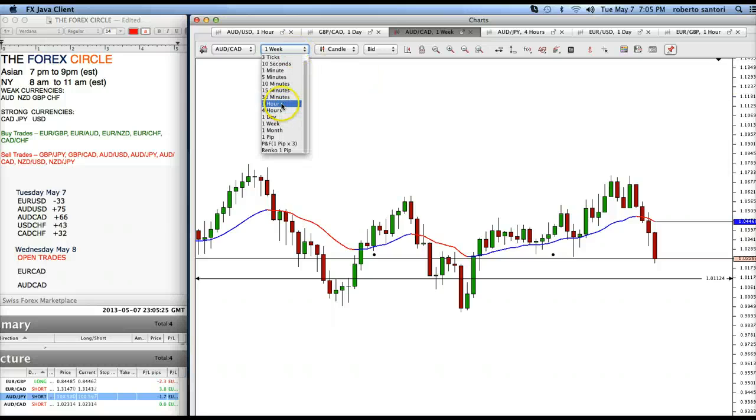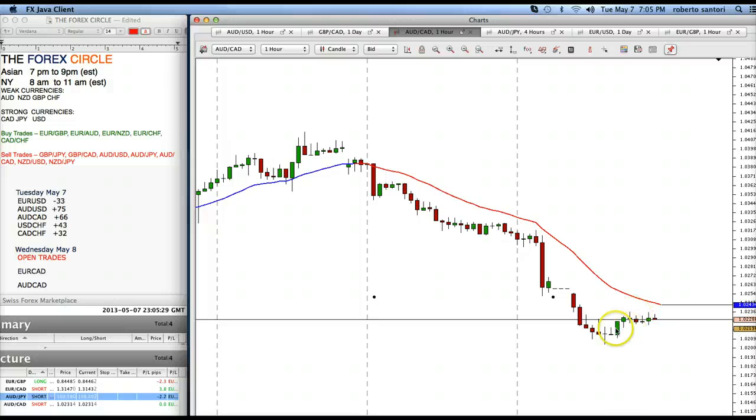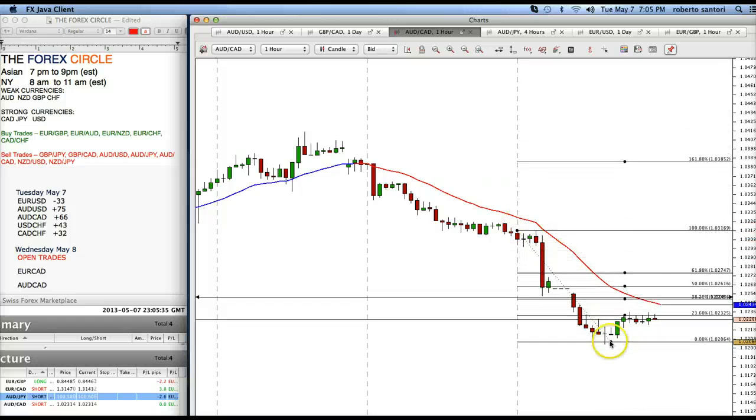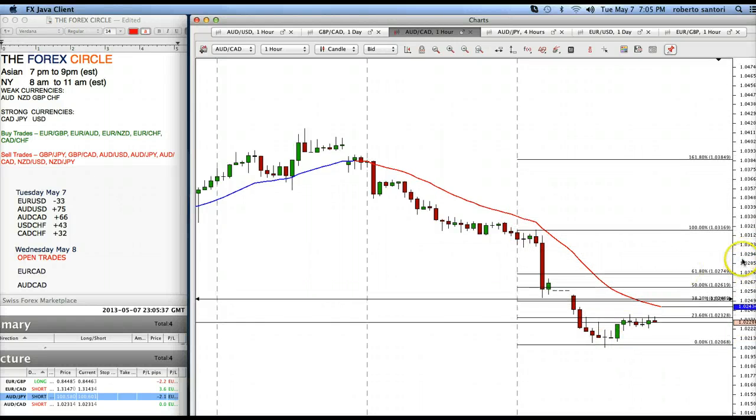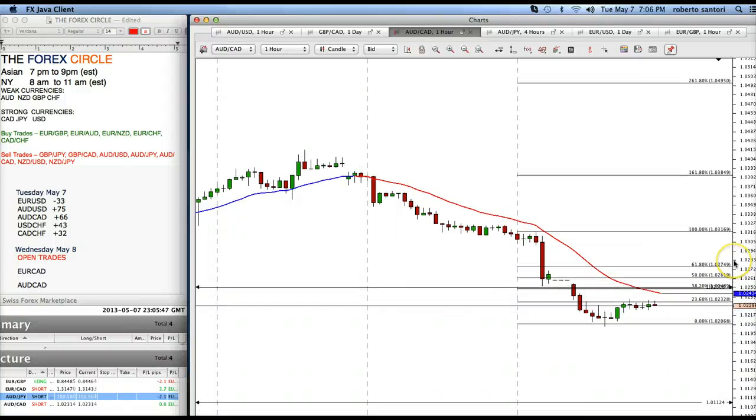Okay, so on a 1 hour chart, we do have a color change candle on the 1 hour chart, so let's see where would be a good place to sell. Up at these levels up here. I'm not sure if the market's going to get up to 61%, but anything can happen during the New York session, or rather the London session. So that's the other trade setup, and let's continue.